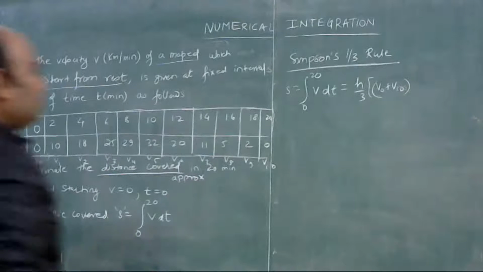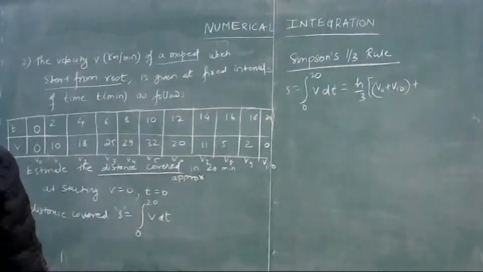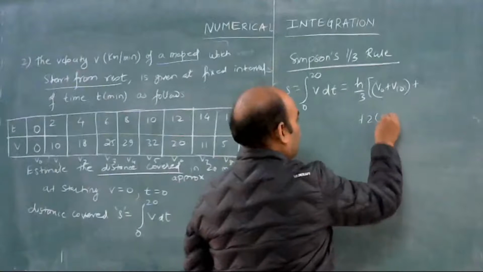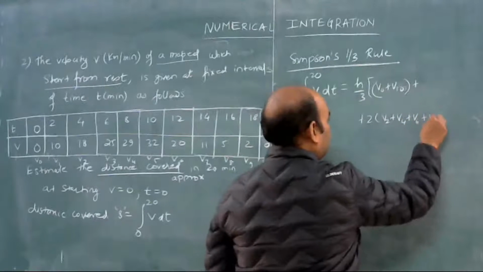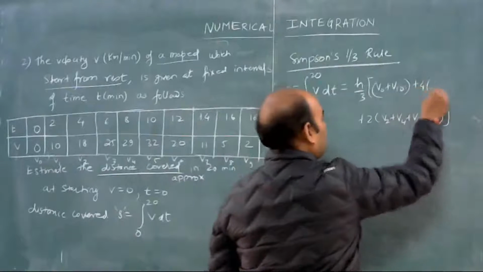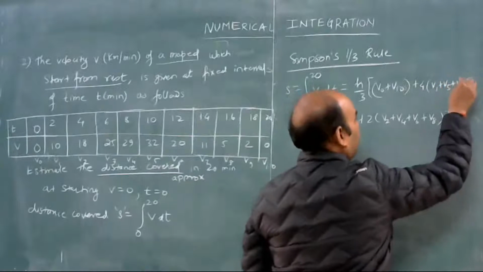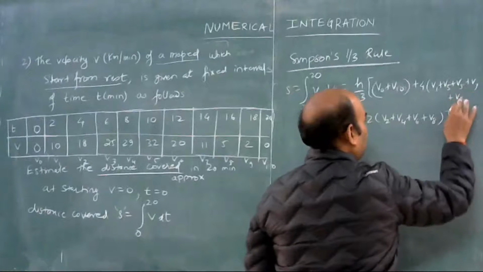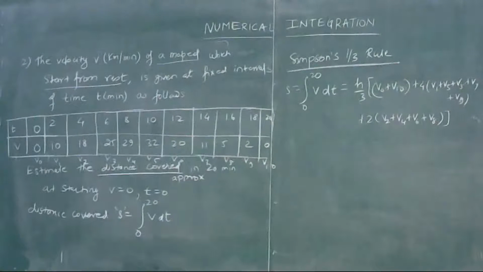Then v0 plus v10 plus 2 times the even terms, v2 plus v4 plus v6 plus v8, and then 4 times the remaining, the odd terms, v1, v3, v5, v7 and v9. This is how you have to remember this formula.